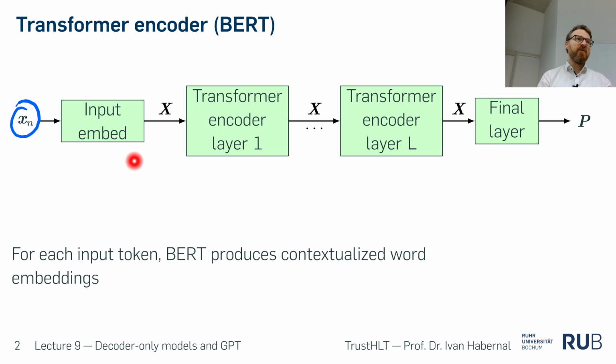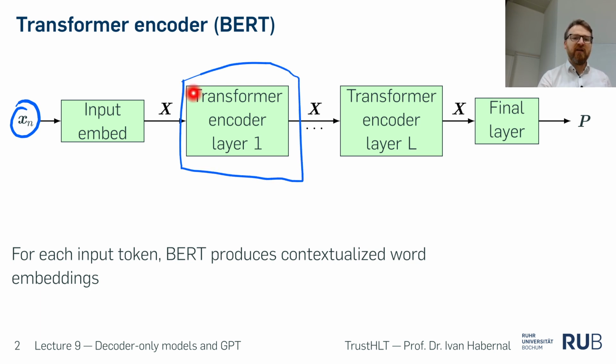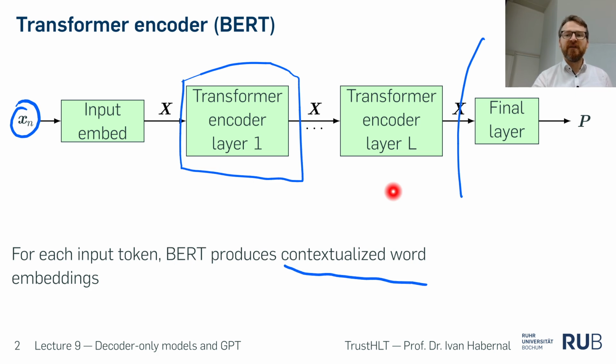But basically, the positional embedding and the token embedding are the important things. Then we run it through a couple of transformer encoder layers, 12 of them, 24 of them, and then the final layer. If we want to reconstruct the missing word, we would project it back to the vocabulary. And for each word in the input, the encoder produces contextualized word embeddings.